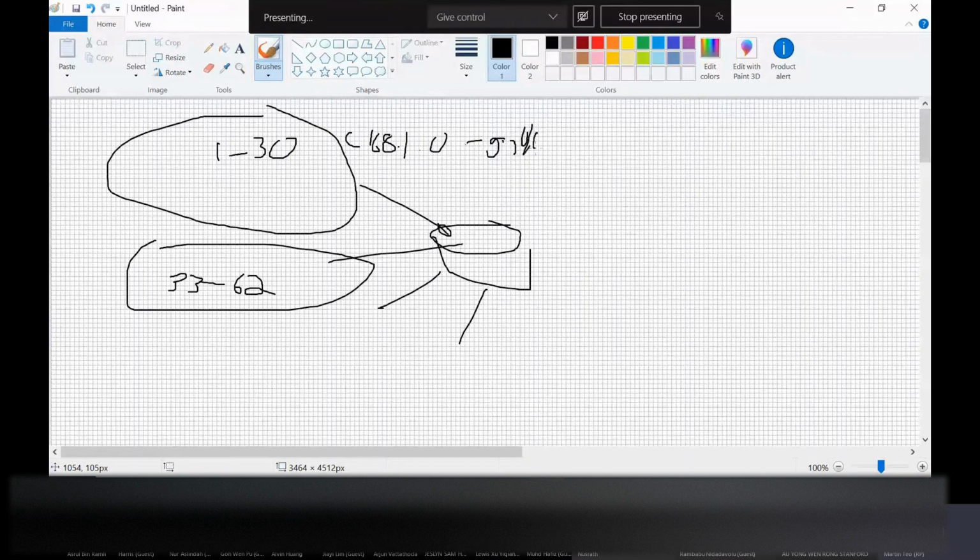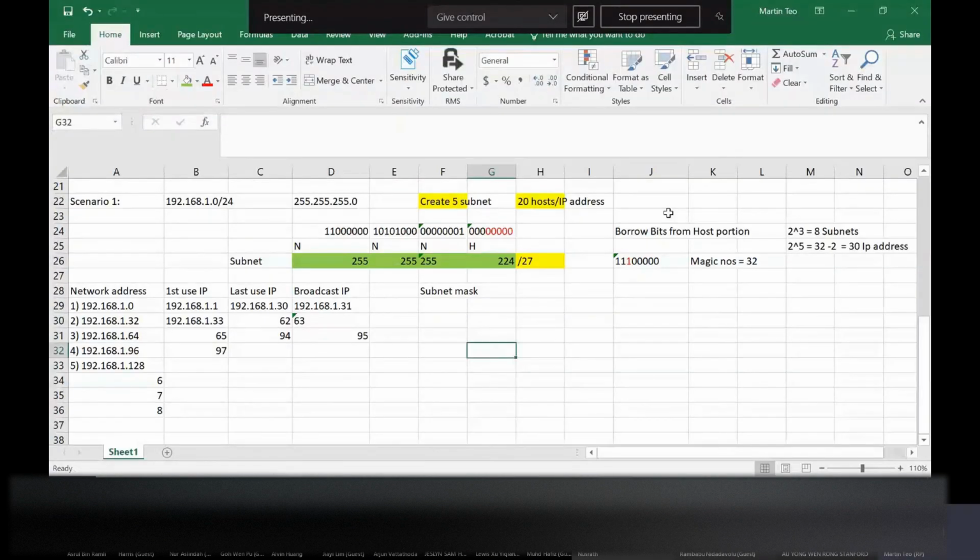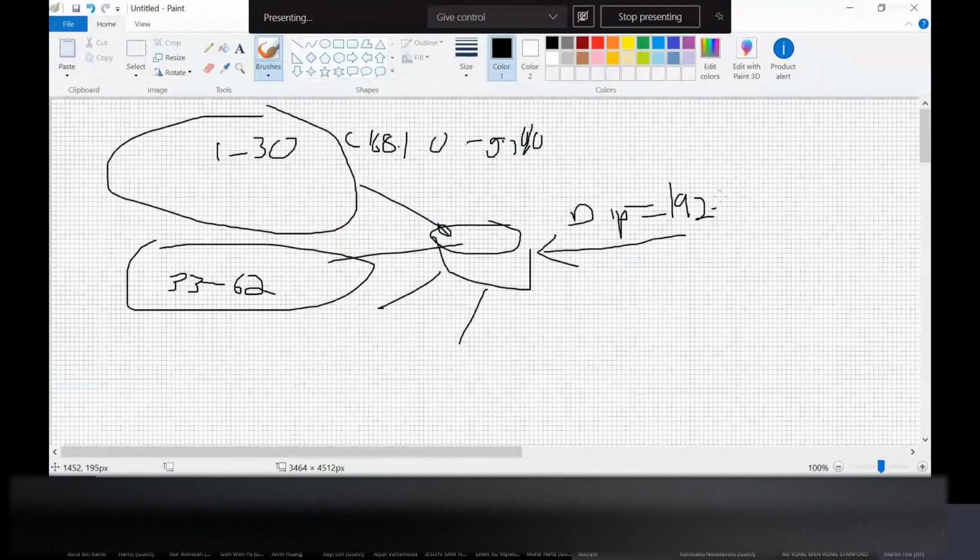0/0. Now, if I have an incoming packet destined for destination IP address, maybe 192.168.1.100, how does the router know which subnet it is?